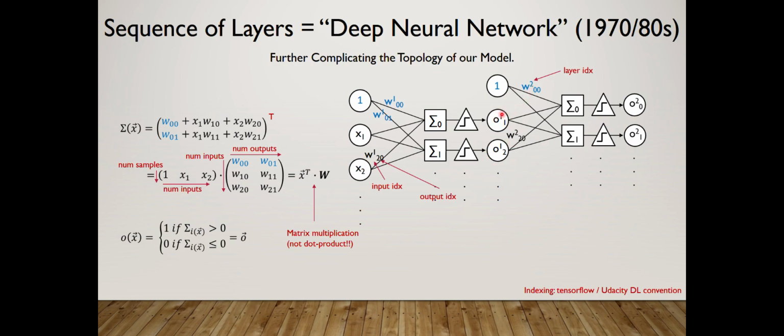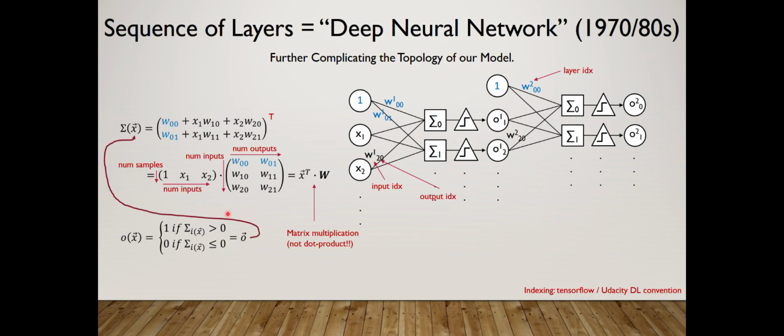Also, our outputs change now. We have another index here for the outputs of the first layer and the outputs of the second layer. Our inputs stay the same. Our activation stayed the same, summation still works the same. Everything pretty much stays the same.